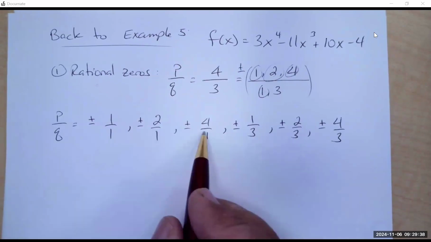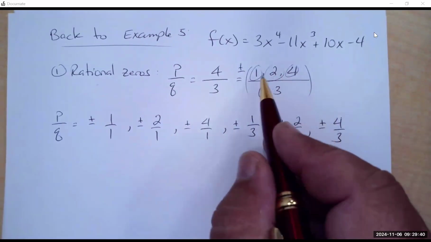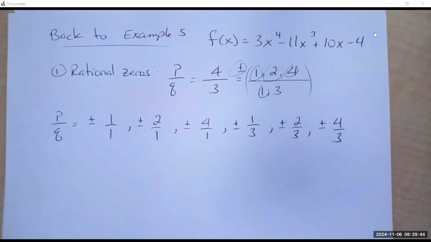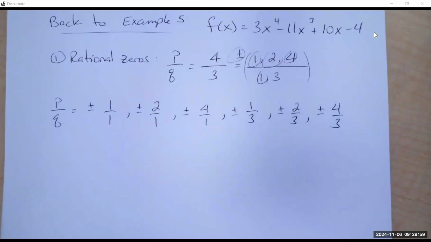There's 1, 2, 3, 4, 5, 6. That's the 3 times 2 part. And there's plus or minus. So there's 12 possible answers we have to look for. But all we have to do is find 3 of them. Using synthetic division, once we find the third one, then we have the answer. So it's not that much work from here on out.